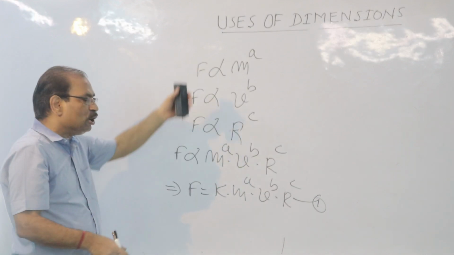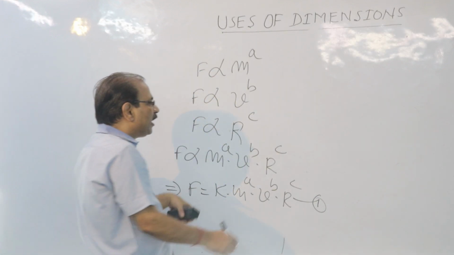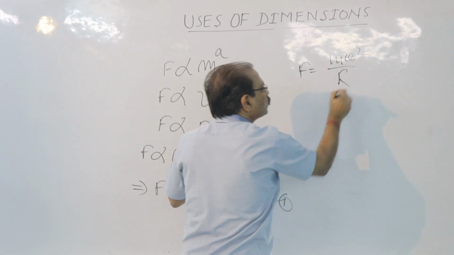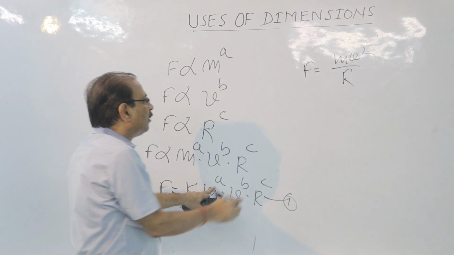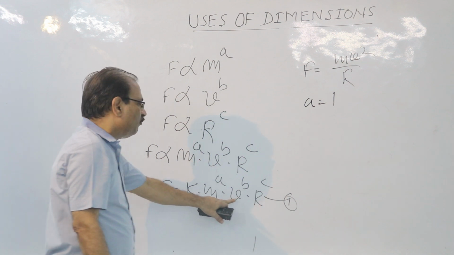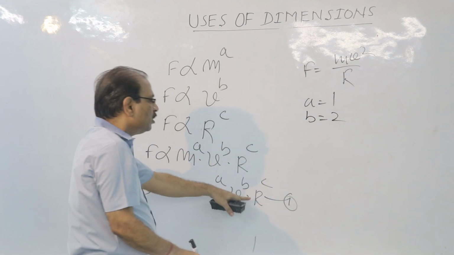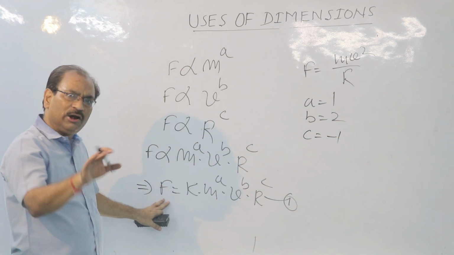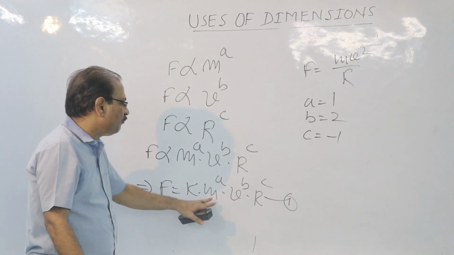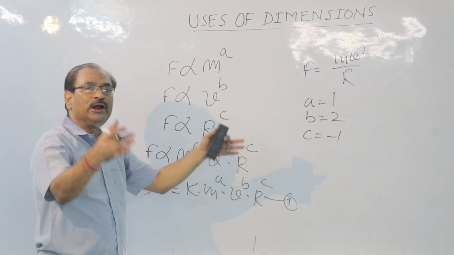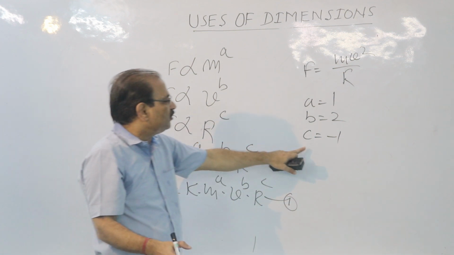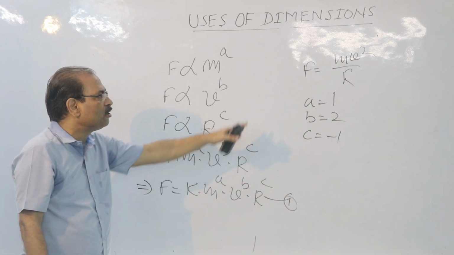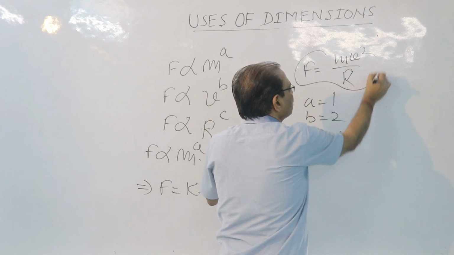So children, you will follow the same steps and you will get F is equal to, I told you, mv square by R. So can you tell me what should be the power of a? a will be coming out to be 1, b will be equal to 2, c will be minus 1. Okay? So when you write in form of MLT the value of F, m, v and R, and you equate the dimensions of both sides, you will get this answer. So when you place these values in this equation, you will get your final answer.